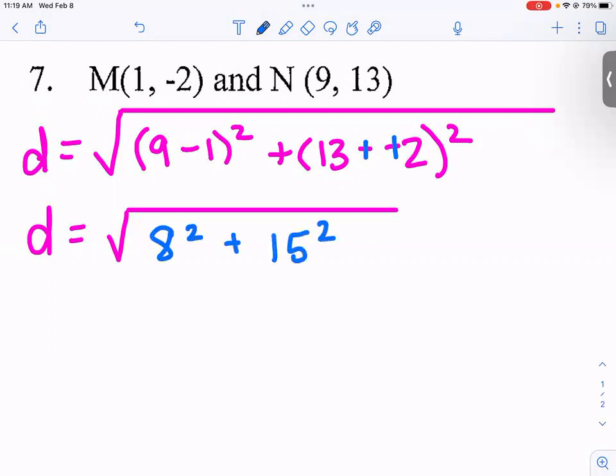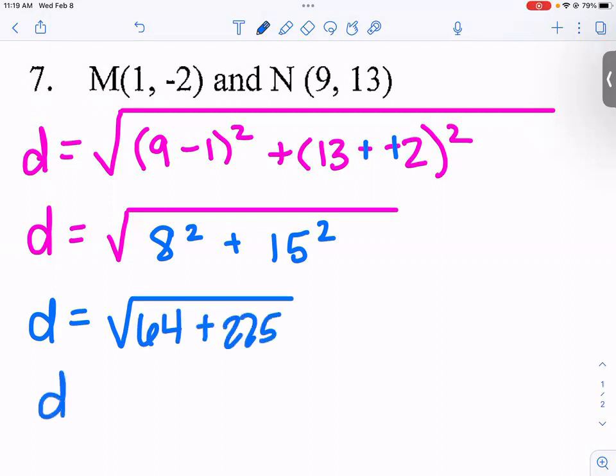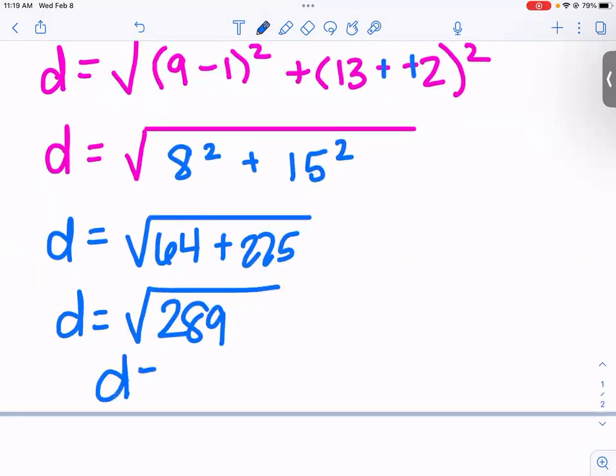Ooh, this is nice. So we have 64 plus 225, which means we have the square root of 289, right? So our distance is 17.